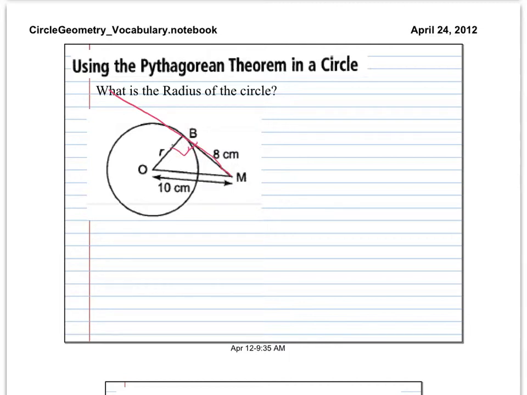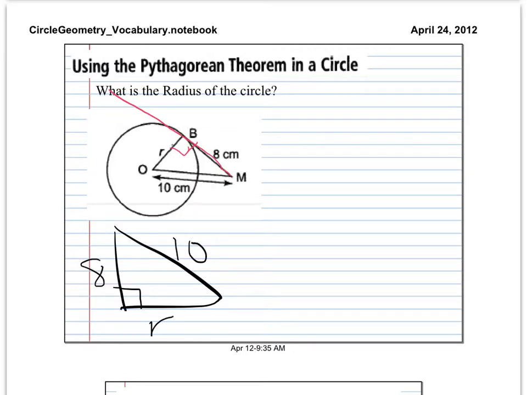If you redrew the triangle, here's your right angle. There's R. 8 is on the height of the triangle, and 10 will be the hypotenuse.